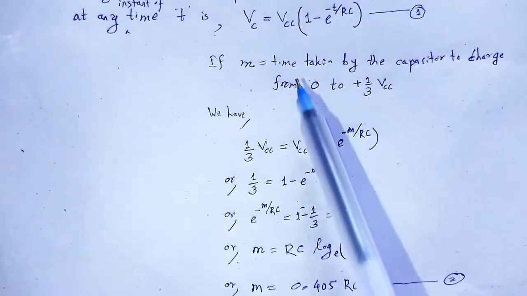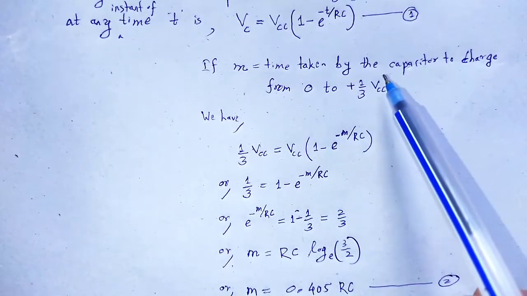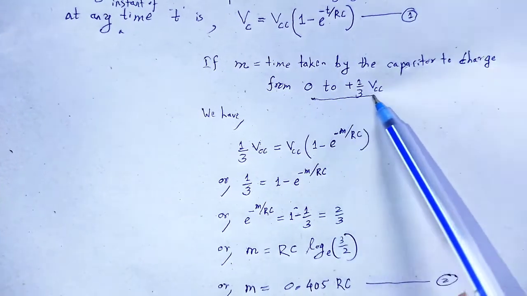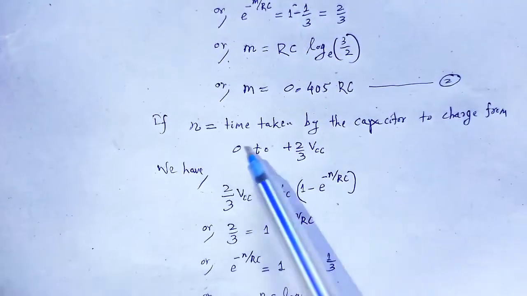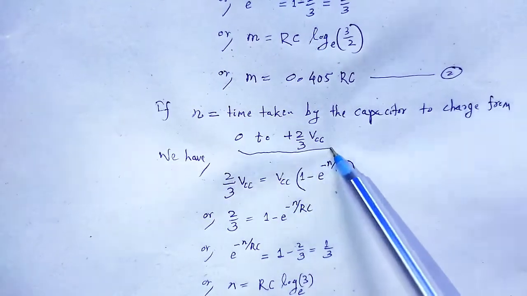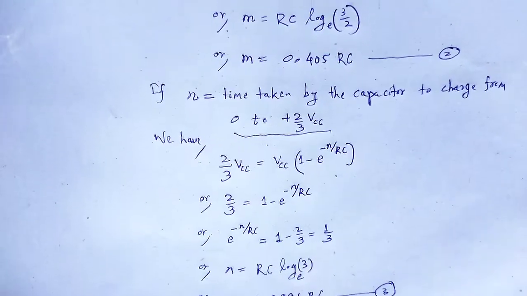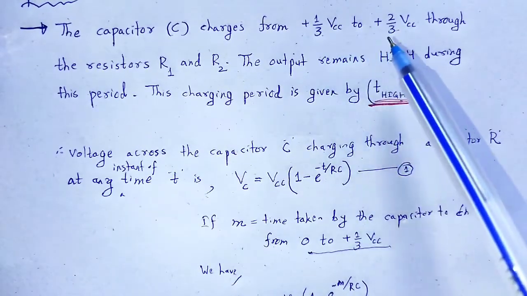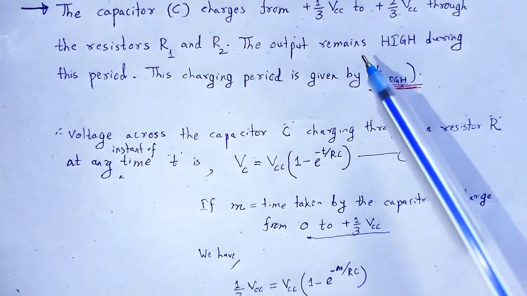Small m is the time required for the capacitor to charge from 0 to 1 by 3 VCC. Here small n is the time required for the capacitor to charge from 0 to plus 2 by 3 VCC, but our requirement is the time from 1 by 3 VCC to 2 by 3 VCC.